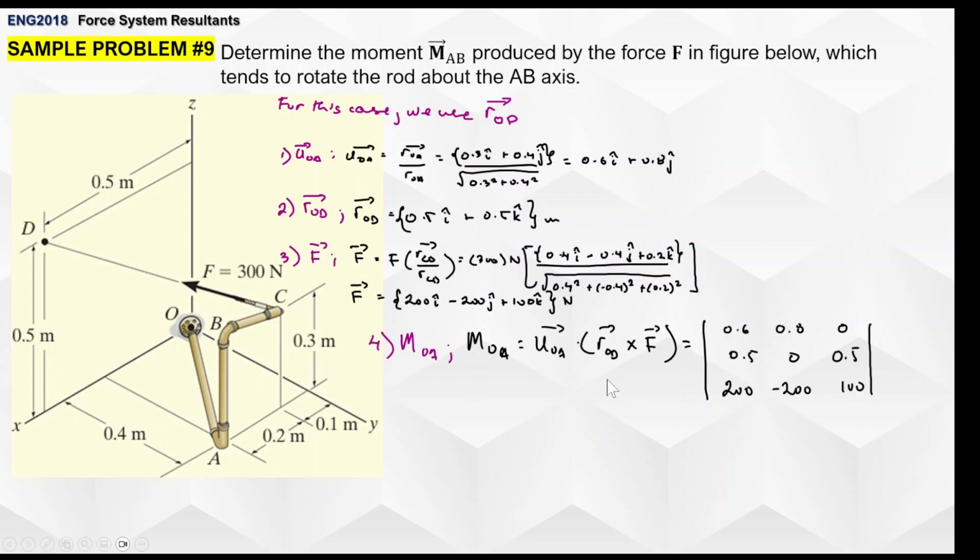Expanding yung determinant na to will yield you this. So 0.6 times 0 times 100 minus the product of 0.5 and negative 200, minus 0.8 times 0.5 times 100 minus the product of 0.5 and 200. And then finally, k is 0, so this one is 0 times to.